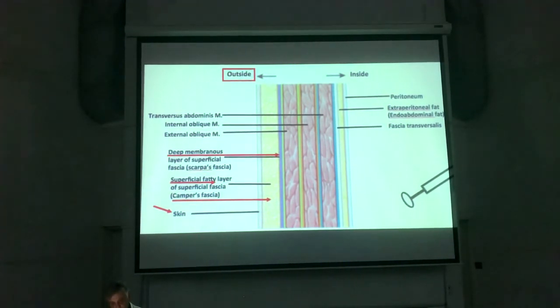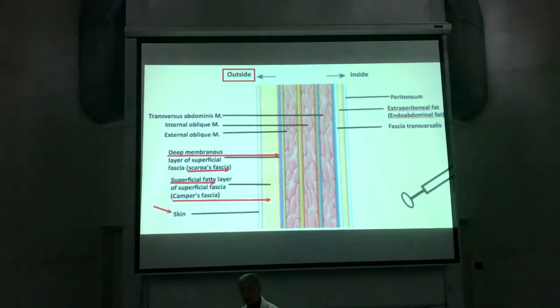The deep part of the superficial fascia is membranous, and it's called Scarpa's fascia. Camper's fascia is continuous with the fat of the thigh. Scarpa's fascia doesn't continue. It stops and fuses with the fascia lata, 2 inches below the inguinal ligament.